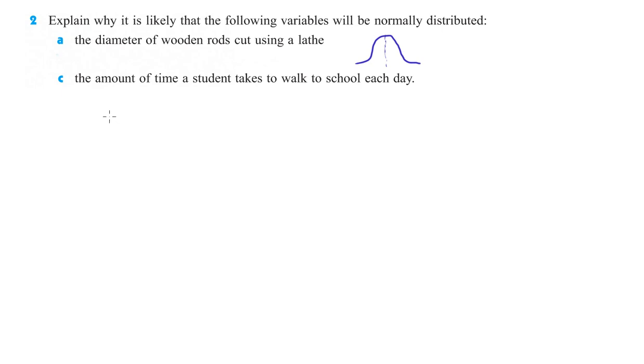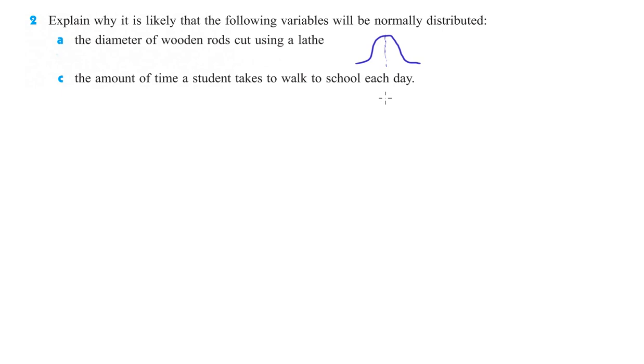Okay, and then for C, amount of time a student takes to walk to school each day, there should be kind of an average amount, and then maybe they're walking a little bit slower one day, a little bit faster another day, but they could be affected possibly by the weather. That would probably be the biggest thing you could think of.